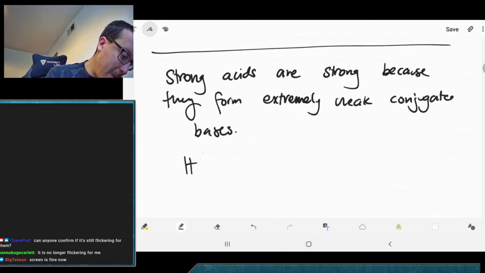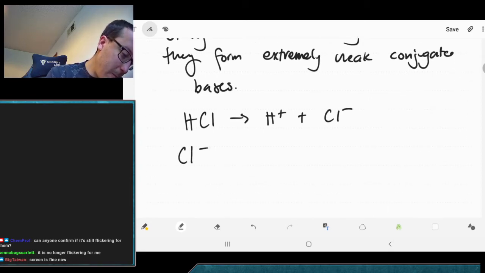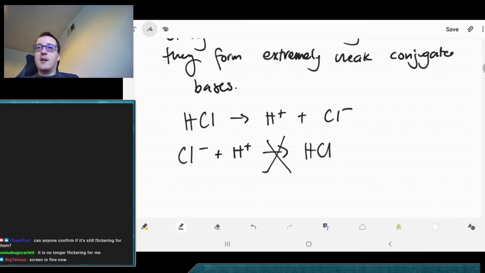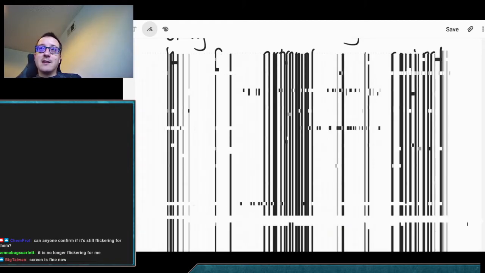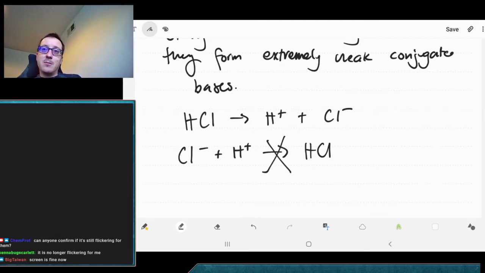For example, this reaction cannot go backwards, which is why we consider hydrochloric acid a strong acid. It dissociates completely. It does not go back again to form HCl.